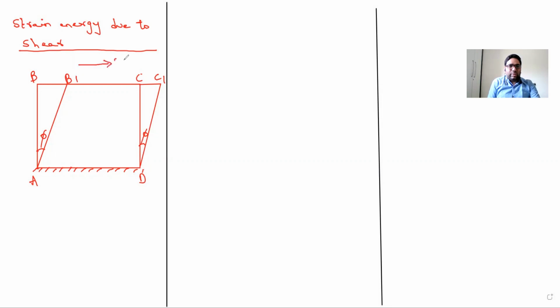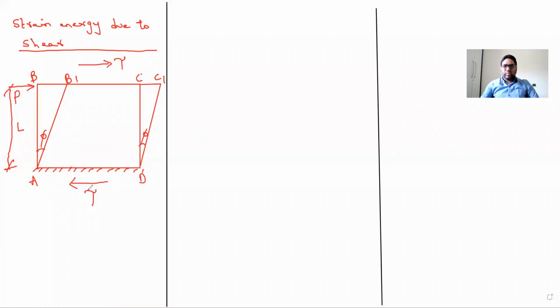This shear stress is like a principal stress concept. You might be learning principal stress now in strength of materials. In that concept you will see a body subjected to both normal stress as well as shear stress.